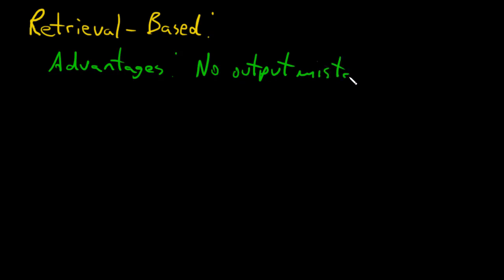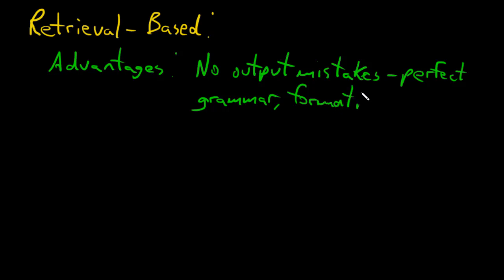So what are some of the advantages of retrieval based? Well, the big advantage is there are no mistakes in its output. So no output mistakes. What do I mean by that? Well, there are no errors in grammar. So perfect grammar, perfect formatting, and perfect scope.